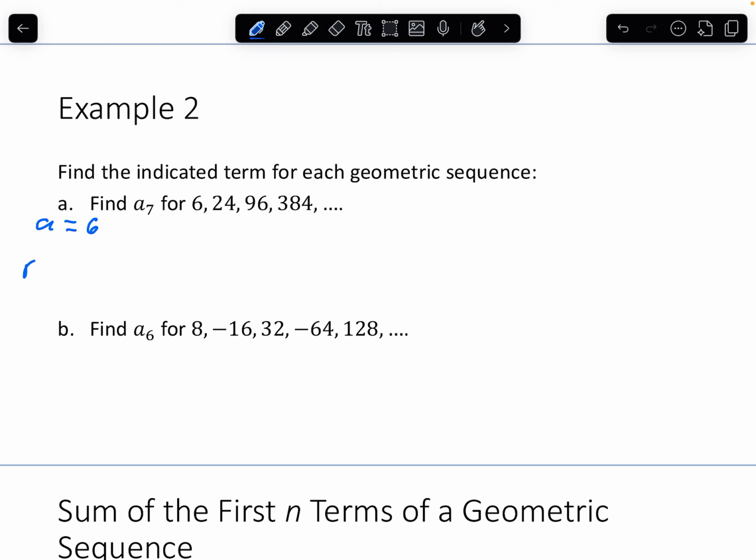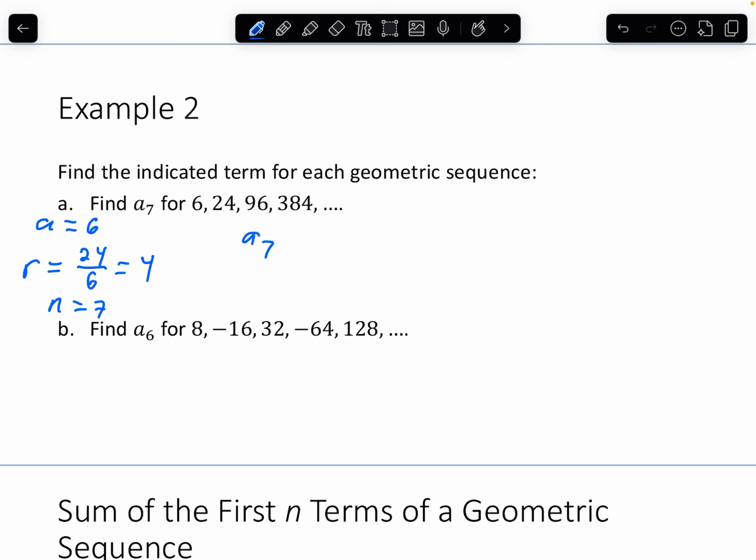To find r, we could take any pair, but I'm going to choose the first and the second. So this would be 24 divided by 6 to find what this is going up by, and this gives us a value of 4. And we want the value for a sub 7, so n for this would be 7.